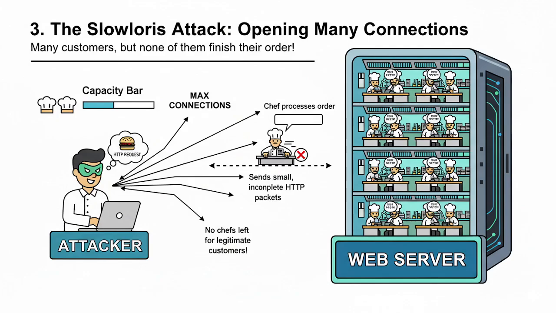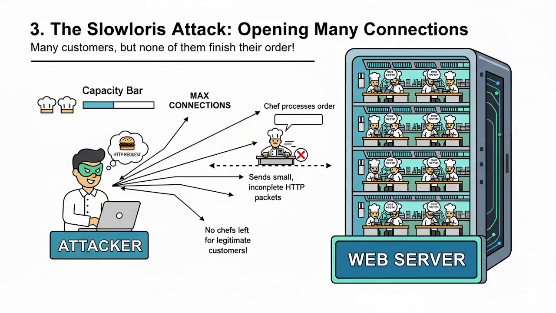Each of these partial requests ties up a chef on our web server, but because the request is never completed, the chef remains occupied. As you can see, the attacker is opening numerous connections, each claiming a chef. The chefs are waiting, unable to finish an order or become free because the final piece of the request never arrives. The capacity bar quickly fills up.